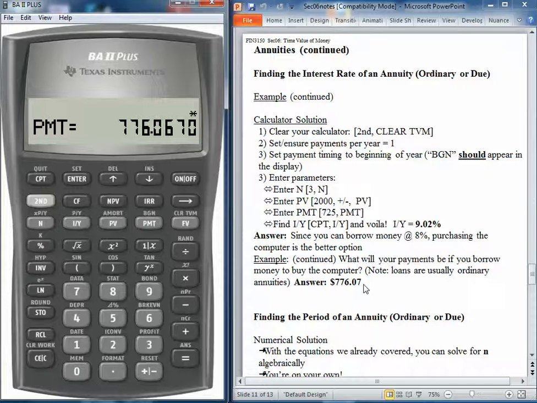And the reason is because the payment occurs at the end of the period rather than at the beginning. So you don't have to pay that payment until the end of the period. So that $776 that you're paying on the debt is actually less in terms of time value of money than the $725 that you'd be paying on the annuity due or the lease.